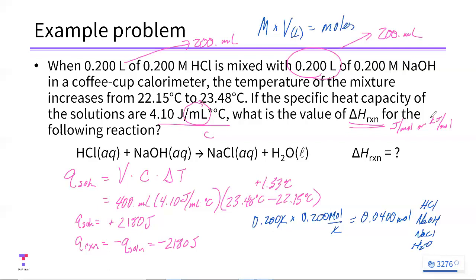So to find delta H for the reaction, I need to take my Q of reaction, divide by n, which would be negative 2,180 joules, divide by 0.0400 moles.